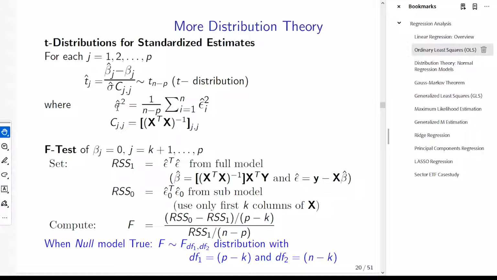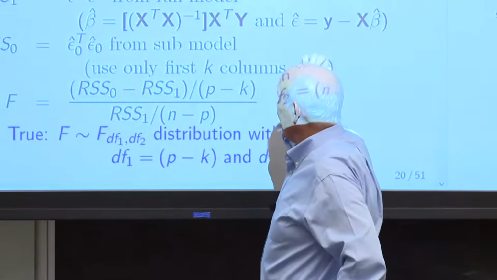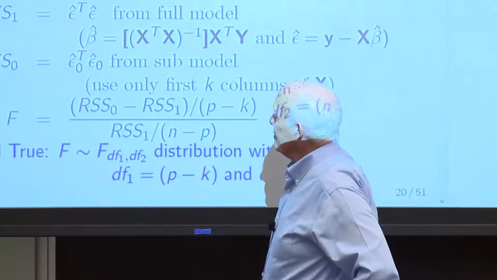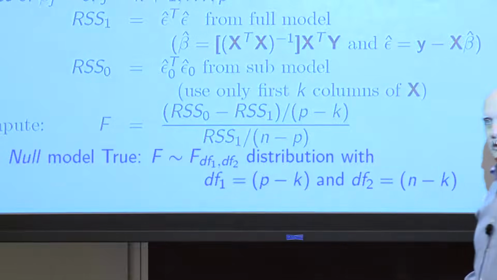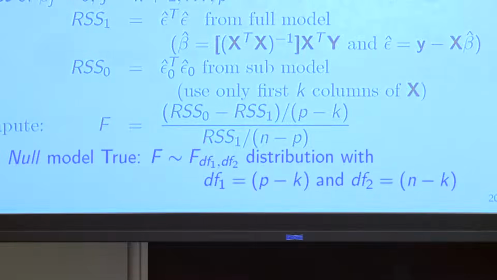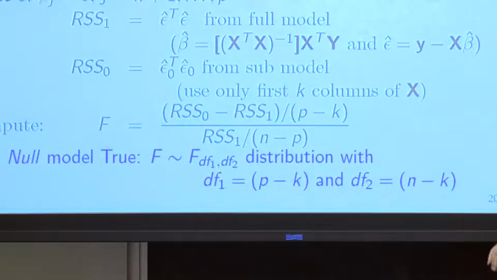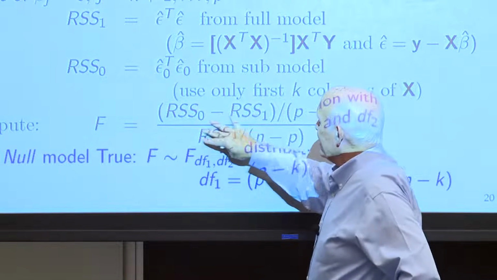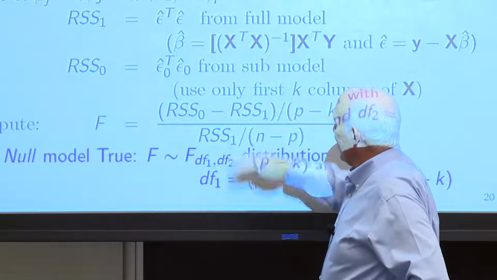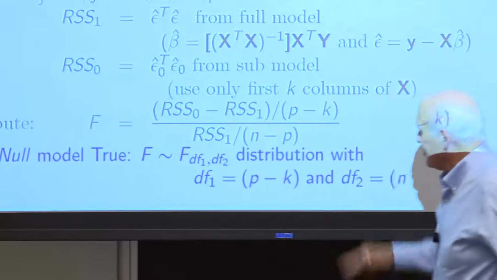One can look at the residual sum of squares from fitting the full model, and then the residual sum of squares from fitting a submodel using just the first K. Sorry, I misspoke.